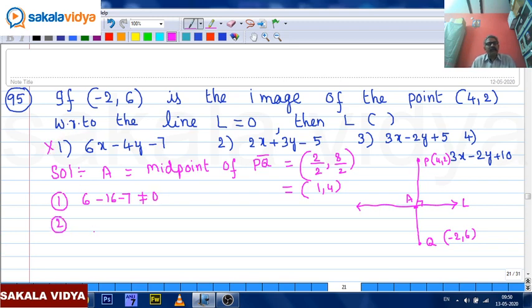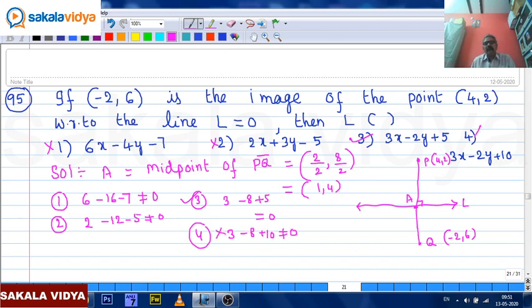Second option, 2 into 1, 2 minus 12 minus 5 does not equal 0, ruled out. Third option, 3 minus 8 plus 5 equals 0. Yes. So, third option is the right option. You try fourth option also: 3 minus 8 plus 10 does not equal 0. Ruled out. So, third option is the right option.